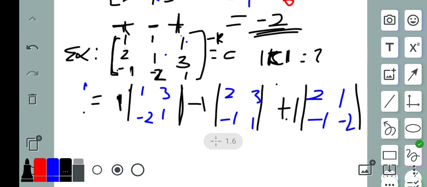At the end of the day, you solve this like the determinant of a 2 by 2 matrix.